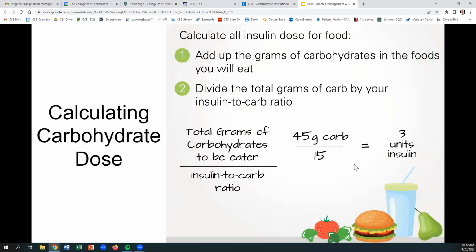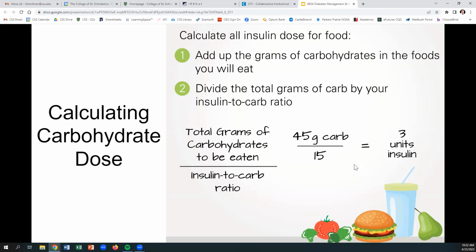So calculate an insulin dose for food. You add up the number of grams of carbohydrate in the food that you will eat. So we did that, those 5 trays, we added up all of the carbohydrate, right? And then we divide the total number of carbs by that carb to insulin ratio.